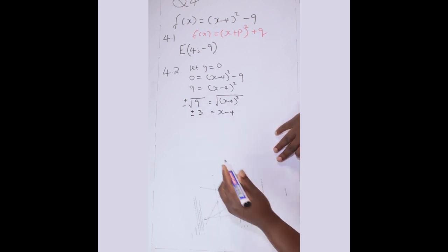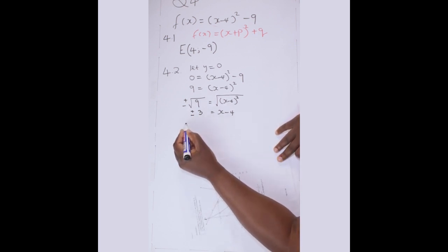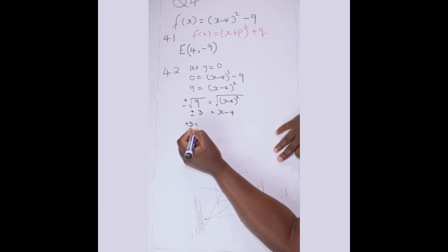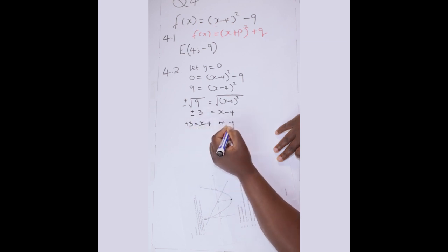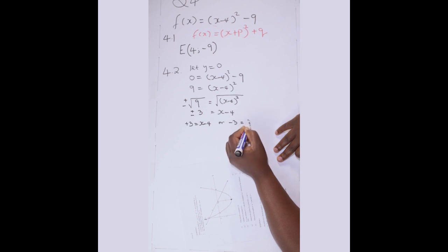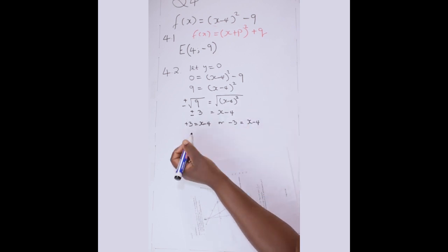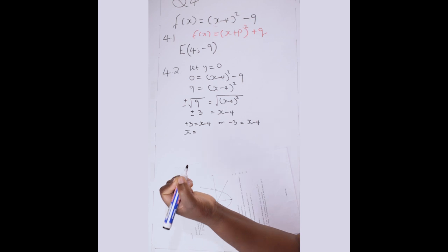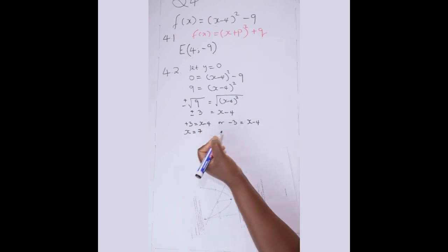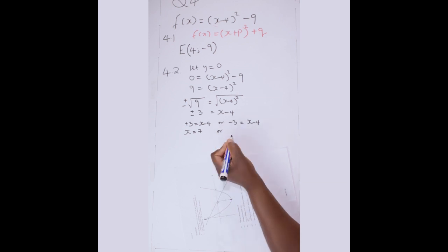So what does this mean? It means that a positive 3 is equal to x minus 4, or a negative 3 is equal to x minus 4. And then we do the simplification to solve for x. Then we'll have x equals 7, and also x equals 1.